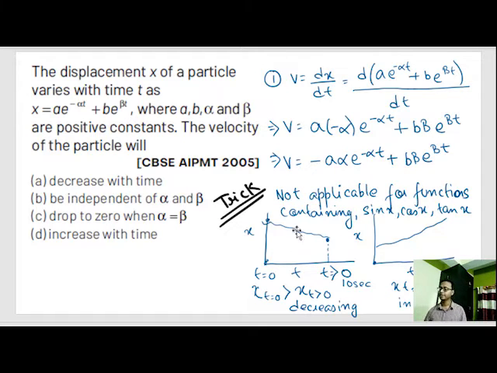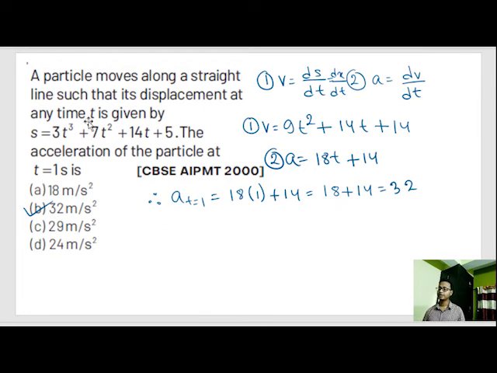Whenever increasing or decreasing is given, just put in the values of 0 and some higher number and then check out the conclusion. After that we did this acceleration. Acceleration is nothing but you find the velocity and differentiate the velocity. That means you are differentiating this displacement 2 times with respect to t.